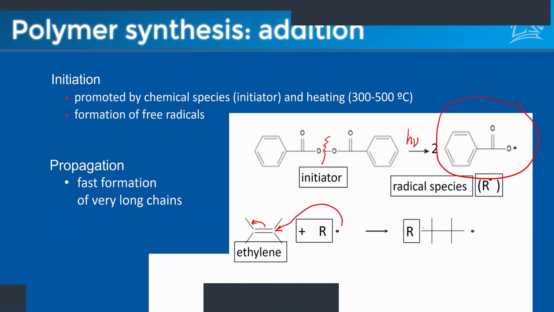This functional group, we call it R, can be any type of functional group. This R gets tagged on to the end of this ethylene molecule. This double bond has transformed to a single bond here in the middle. And we still have this one unpaired electron on our molecule, but now we have lengthened the chain.